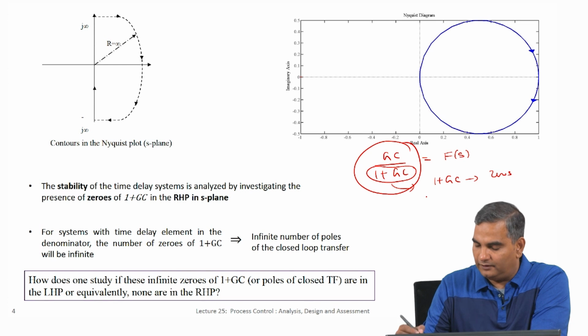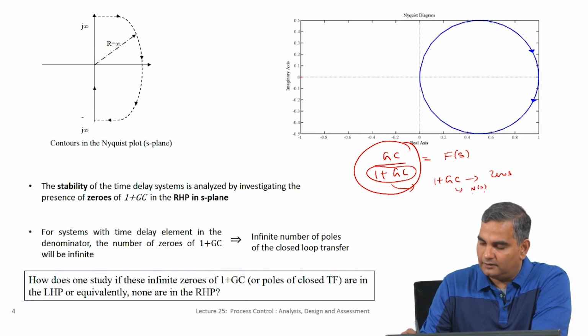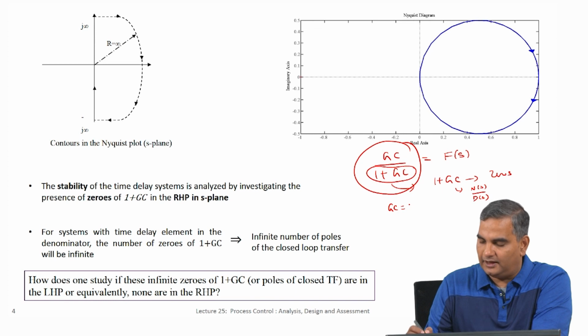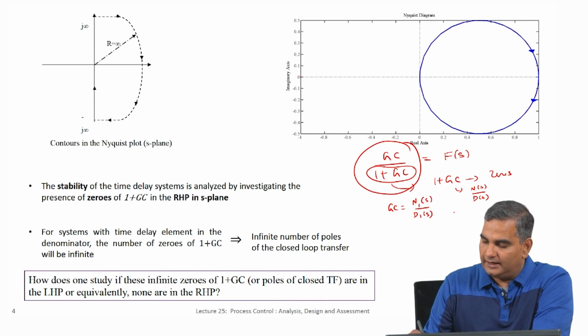If I write 1 plus GC as some numerator by denominator, and GC itself as some numerator by denominator, then when I do GC by 1 plus GC, I will get a numerator by denominator divided by a numerator by denominator.